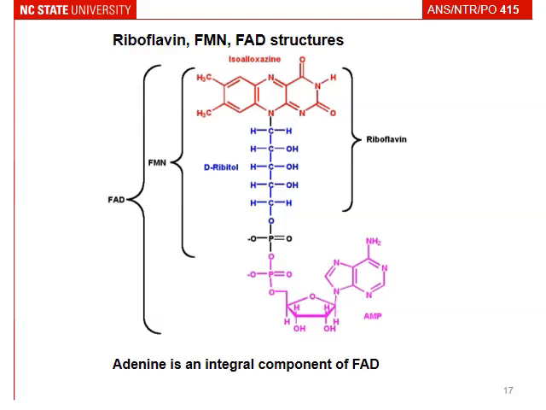And then we add on one phosphate group, and it then becomes FMN. And when we add an adenine onto it, adenine being one of our nucleotides, that is a critical, integral component of our FAD molecule.